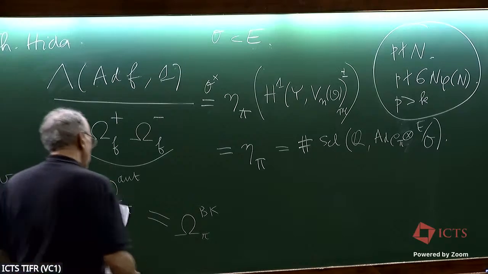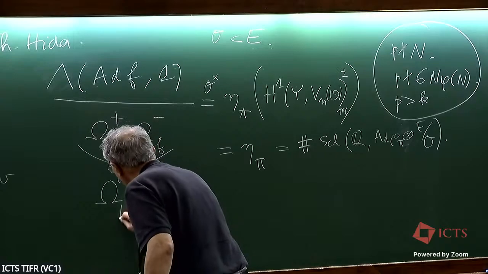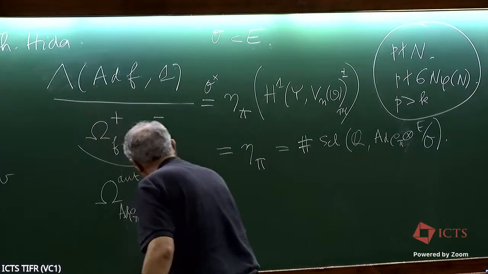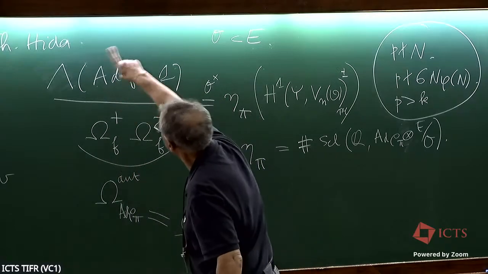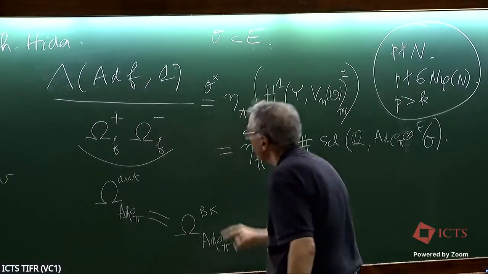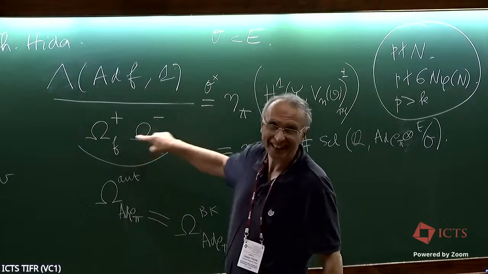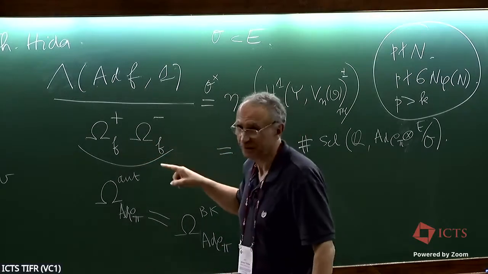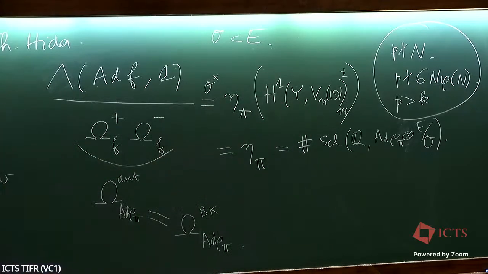Oh, yeah, you're perfectly right. This is the motif ad rho pi. Yeah, this is N. Yeah, of course. Here it's really pi. Yeah, true. We are dealing only with this kind of adjoint motifs everywhere.